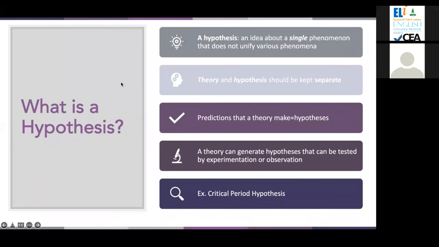If you want to understand the relationship between hypothesis and theory, a hypothesis is under the theory. The theory is like the general umbrella, the overall perspective. A hypothesis is just an idea, or in other words, another word for hypothesis is prediction. It's a prediction about a single phenomenon, but it does not act like a theory. It does not unify various phenomena. It does not account for everything that's going on. It's just related to a particular aspect of the general phenomenon.